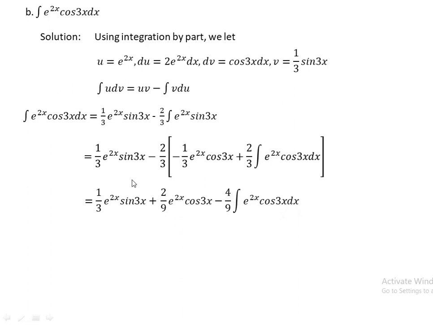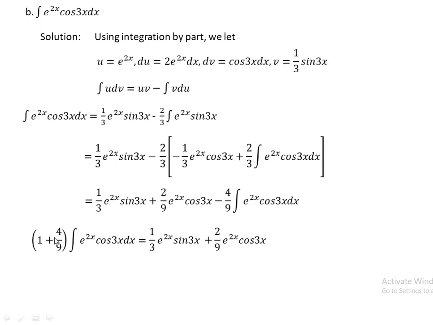Now, by taking the coefficient on the right hand side, which is minus 4 over 9, to the left side, we have that 1 plus 4 over 9 the integral of e raised to 2x cos 3x dx is equal to these terms: 1 over 3 e to the power of 2x sin 3x plus 2 over 9 e to the power of 2x cos 3x.